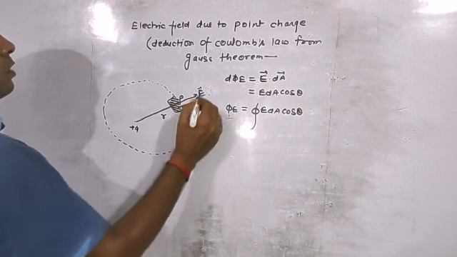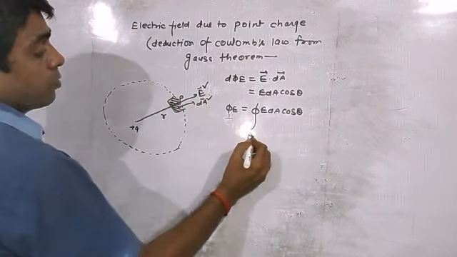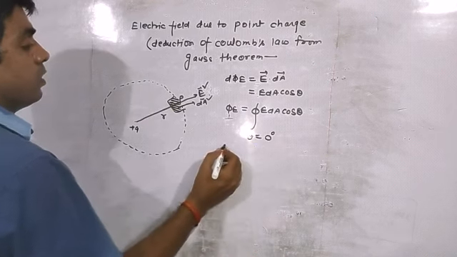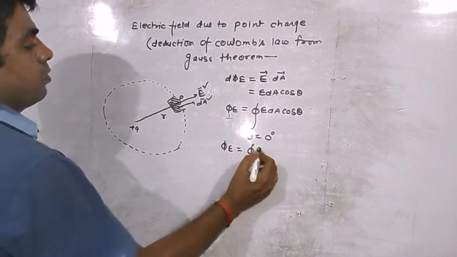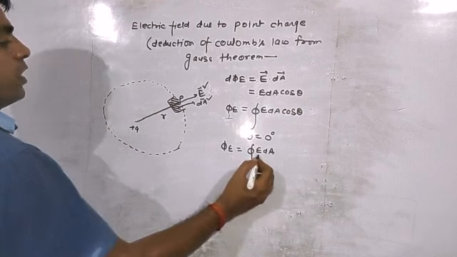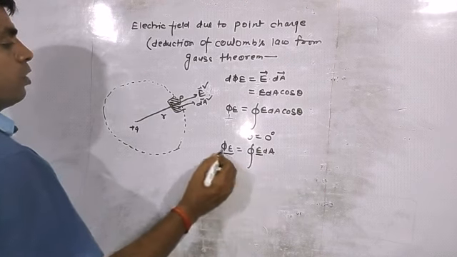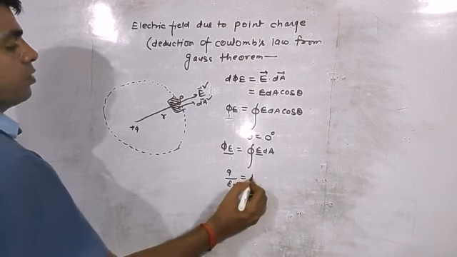The direction of E and dA are parallel to each other, so the value of theta will become 0 degrees. So phi E is equal to E dA. Now we have to calculate E, and we know the value of phi E is q by epsilon naught.